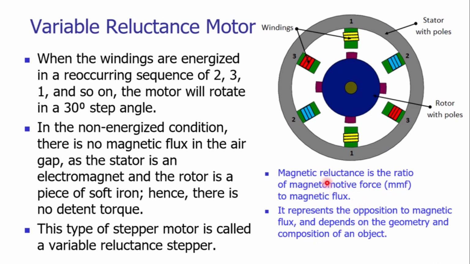The magnetic reluctance we are referring to is in magnetic circuitry. It is the ratio of the magnetomotive force, that is MMF, to the magnetic flux. The reluctance basically represents the opposition to magnetic flux, and it primarily depends upon the geometry and composition of the object.